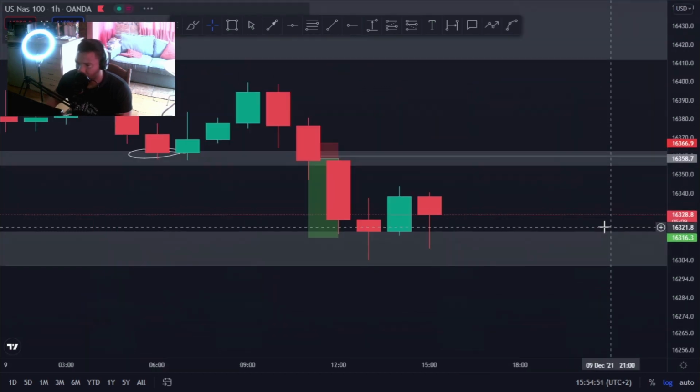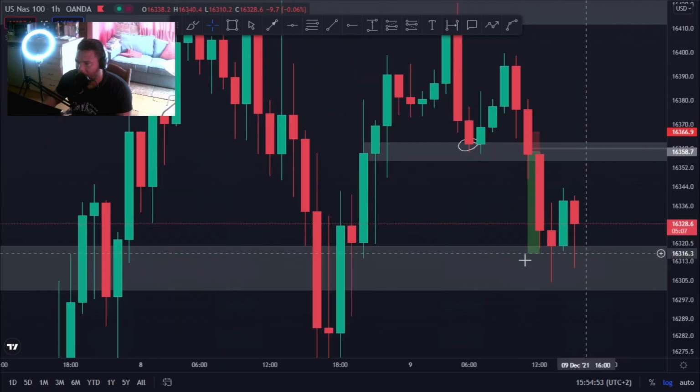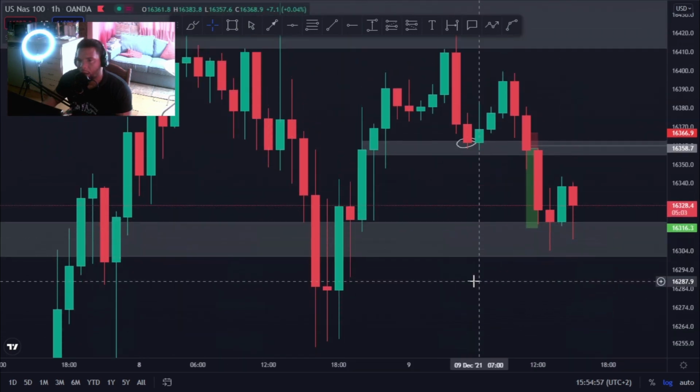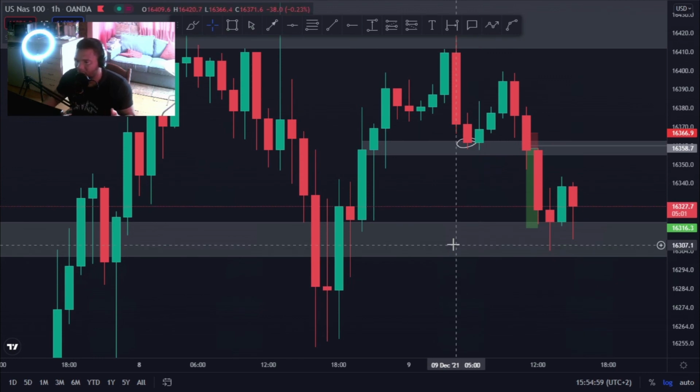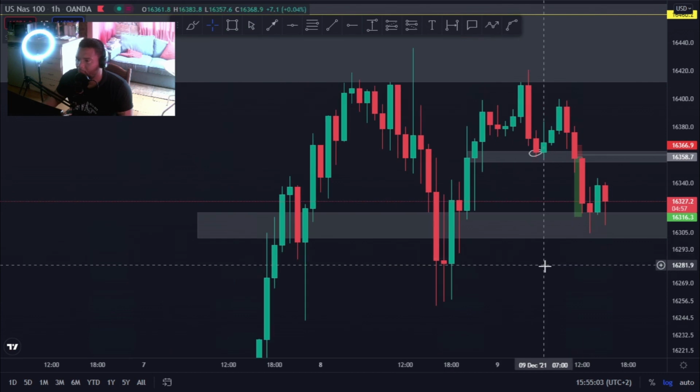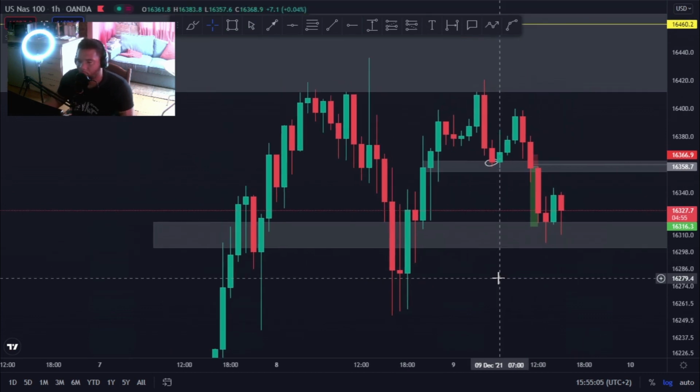It was simple, plain and easy. I was basically targeting this imbalance area right here on a 1 hour, but this is basically my 4 hour form of support. So that is what I basically wanted to tell you guys, is to be patient, target always your support or your lows. But it all depends on your trading plan, guys.